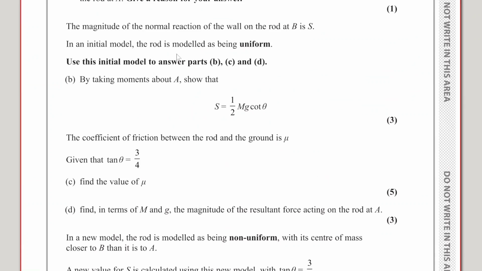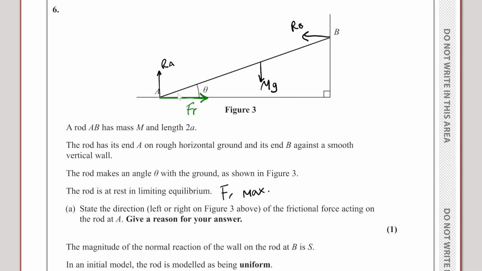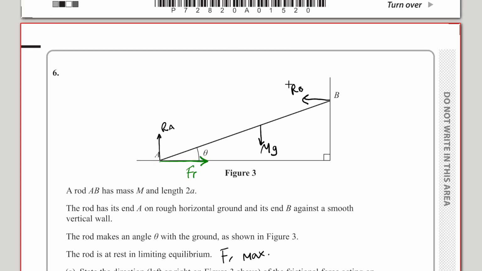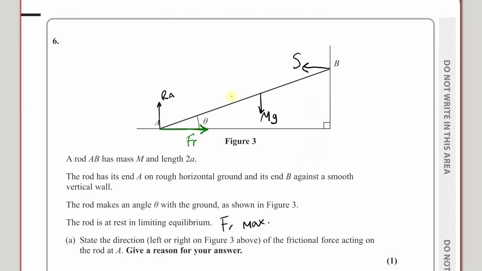Okay, the rod is modelled as being uniform. By taking moments about A, show that S is the normal reaction at B. So this force here is called S. We're going to take moments about A. The length is 2a, so we've got an a on both sides of the weight.